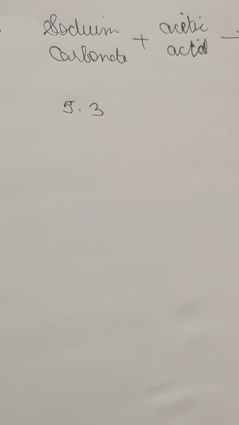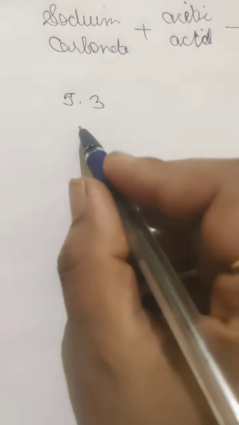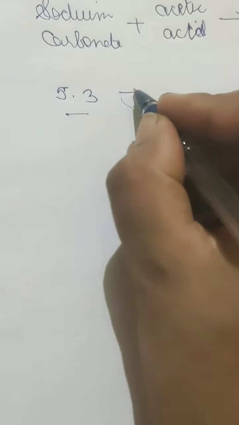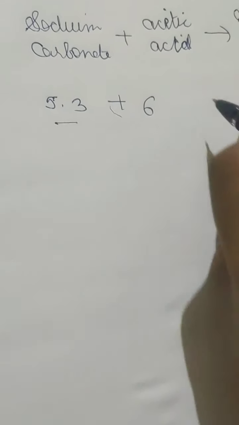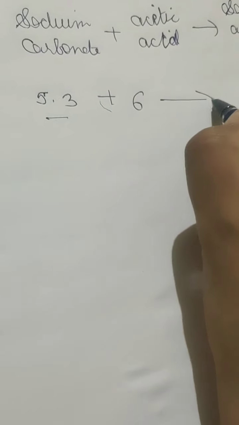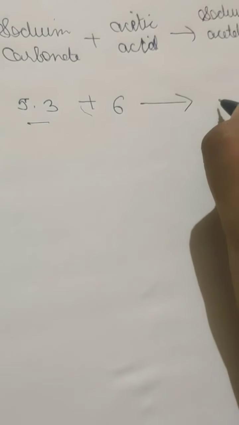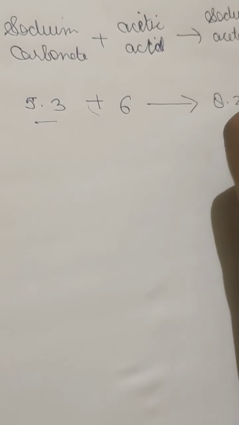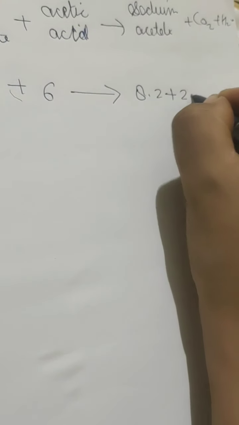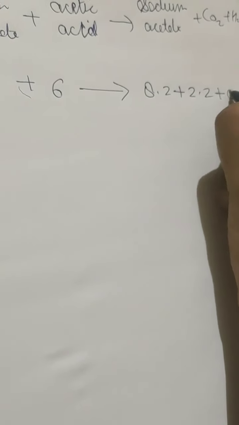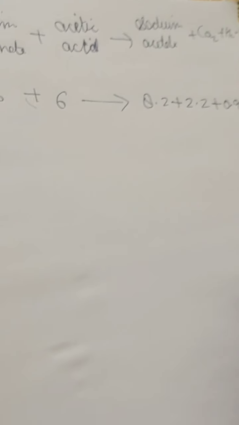In this experiment, 5.3 grams of sodium carbonate reacts with 6 grams of acetic acid, and it produces 8.2 grams of sodium acetate, and then 2.2 grams of CO2 and 0.9 grams of water. It was like that.